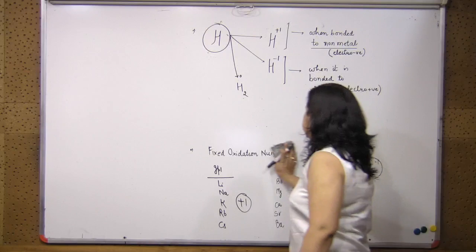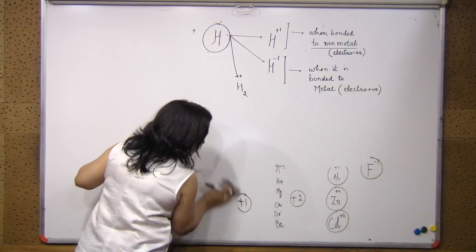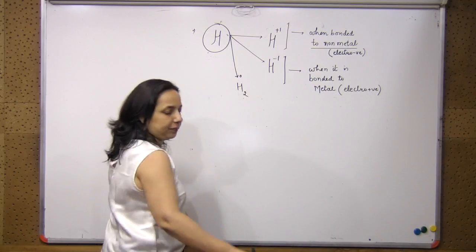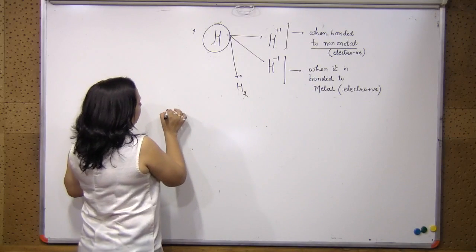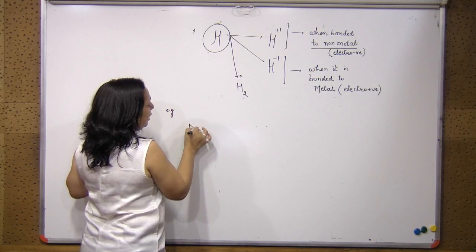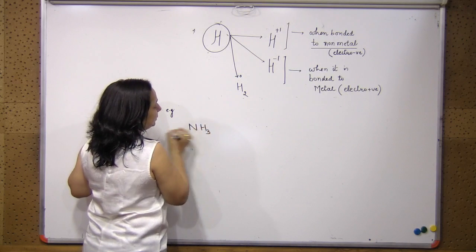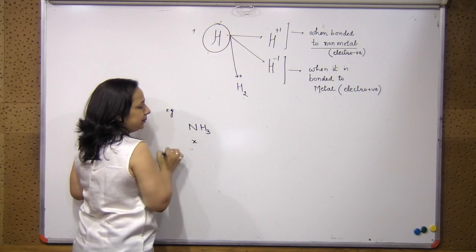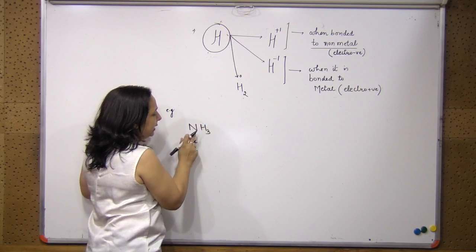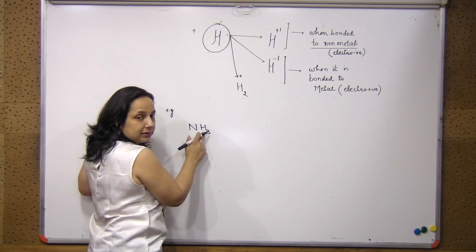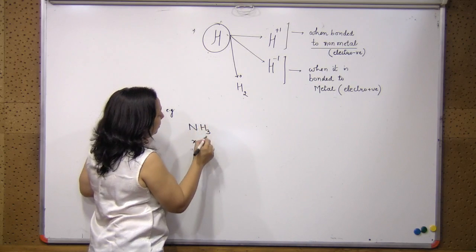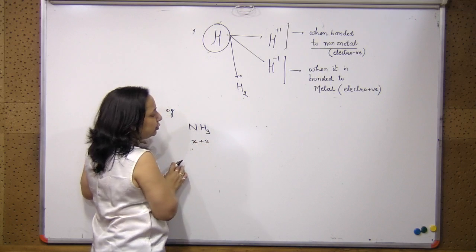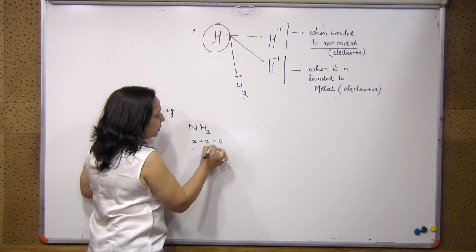See some examples of hydrogen in which it can act as +1 or -1. For example, if it is written ammonia, here it is nitrogen X. Hydrogen here is bonded to a non-metal. When it is bonded to a non-metal, it's going to be +3 because 3 hydrogens are there, equal to 0.